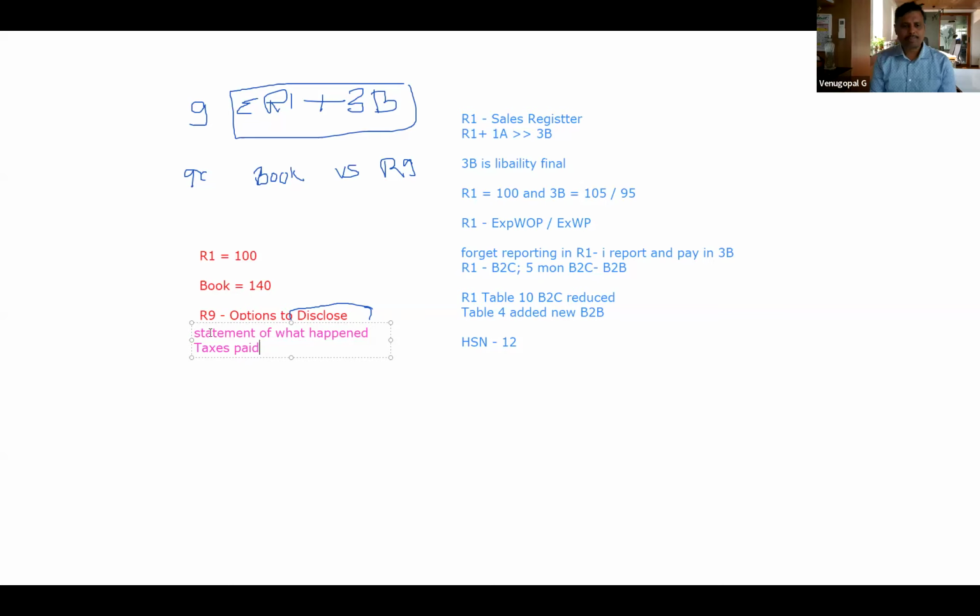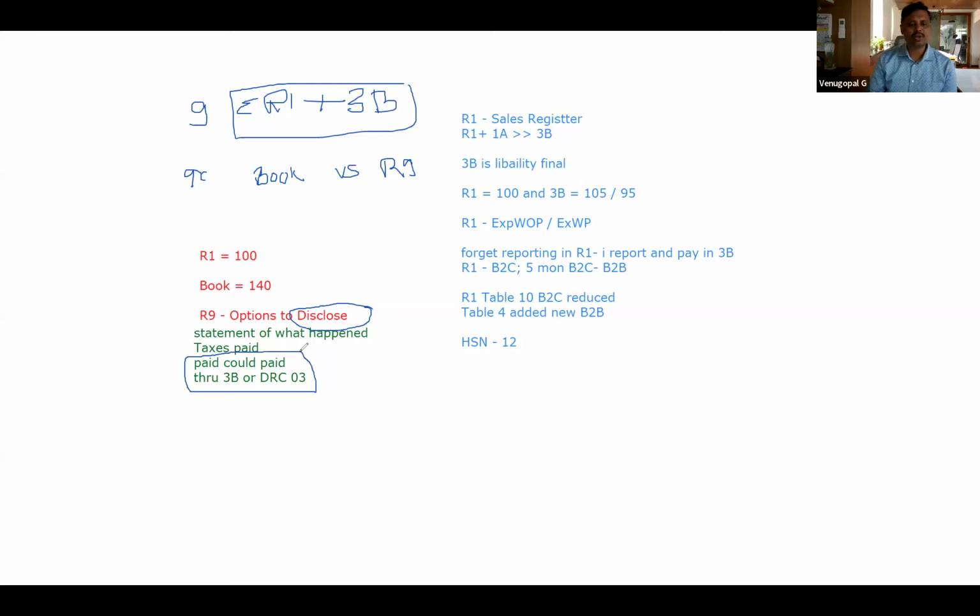Now the payment could have been through any route, through 3B or DRC03. But in GSTR 9 you are only talking about the taxes that have been paid.